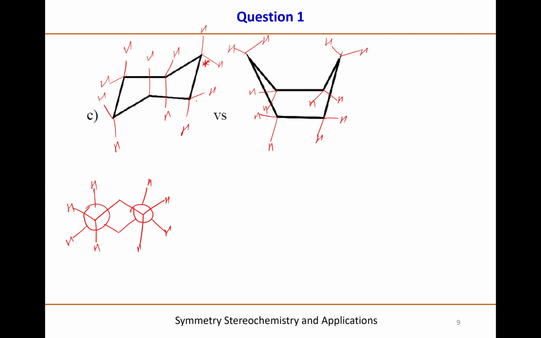So I am keeping these two starred carbons in the same plane, looking from this center. Okay, so 1, 2 and 3, 4, 5, 6. So here 5, 6 is this one, and 1, 2 is the backside one. And same here, we will draw the conformation in which they are eclipsed to each other. So I will show this case also.